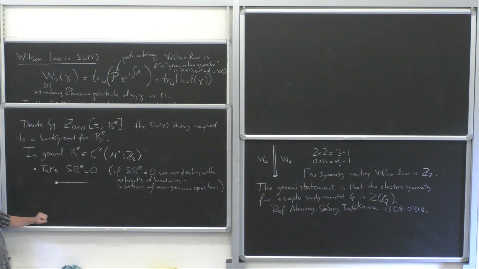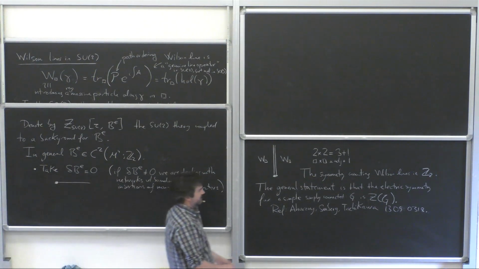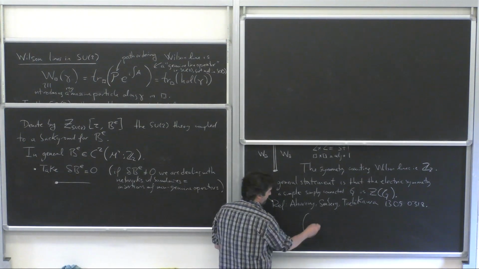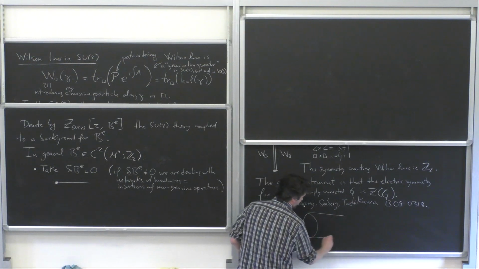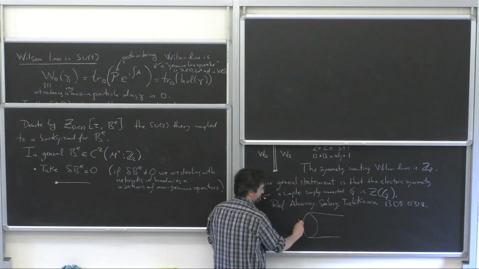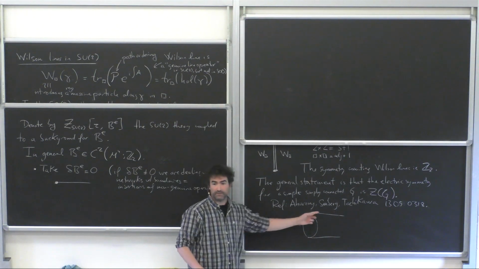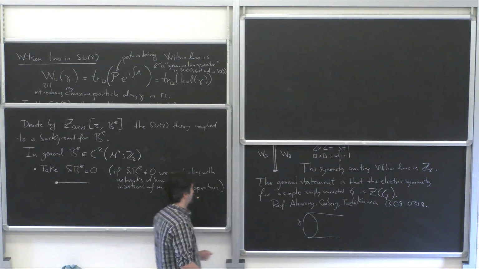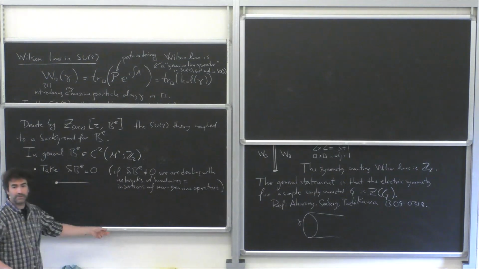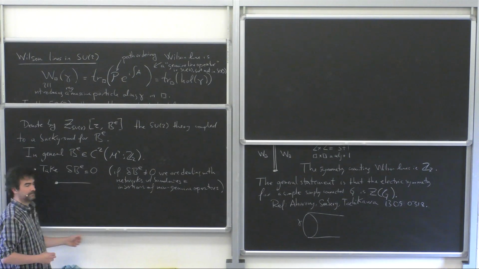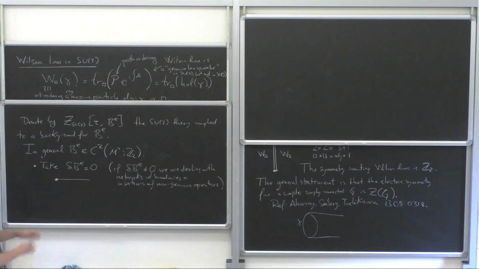So in this kind of situation, we have our symmetry generator that generates the Z2, and at some point in space, it ends on a curve. So what we have is a non-genuine line operator. In this context, it will be the 't Hooft operator of the SU2 theory, which is non-genuine. It's fine. We can construct the partition function in the presence of non-genuine 't Hooft operators, but let's not do that.